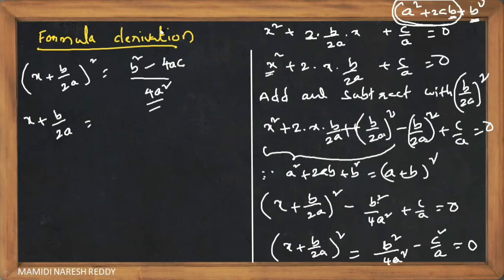So by sending the square, it multiplies here. Got it? Harsha, tell me. Plus or minus root. Yeah, wonderful, Harsha. Wow. Plus or minus root.